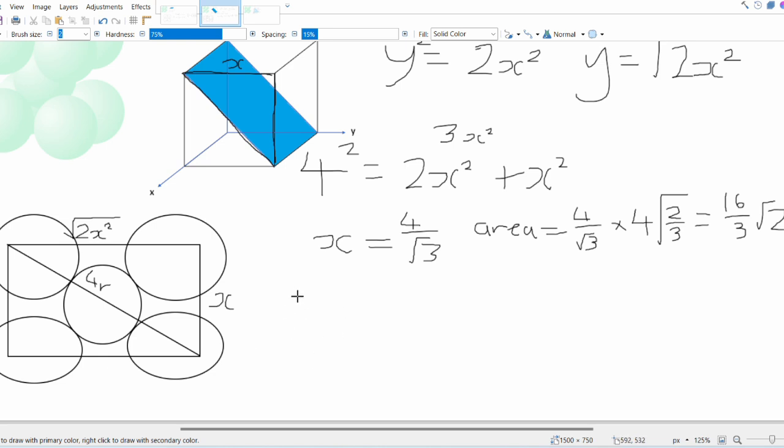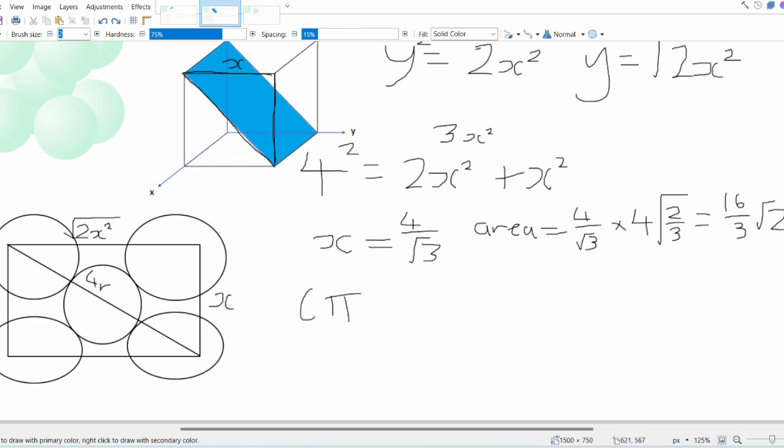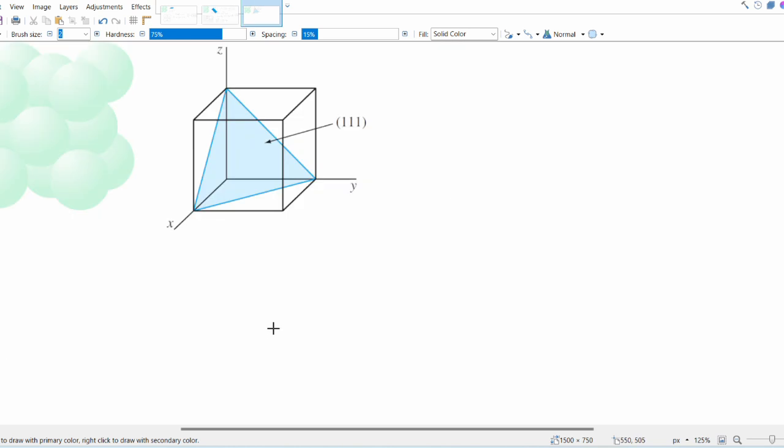Therefore, the maximum planar density should equal 2 pi divided by this number, which should equal about 83.3%.